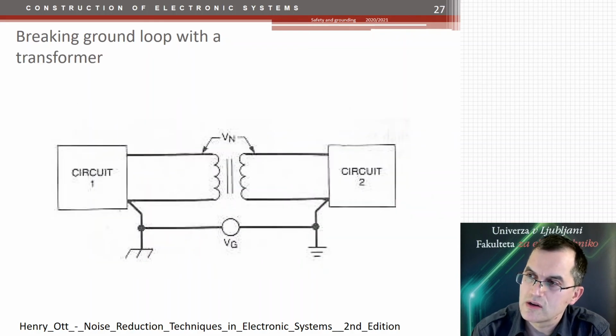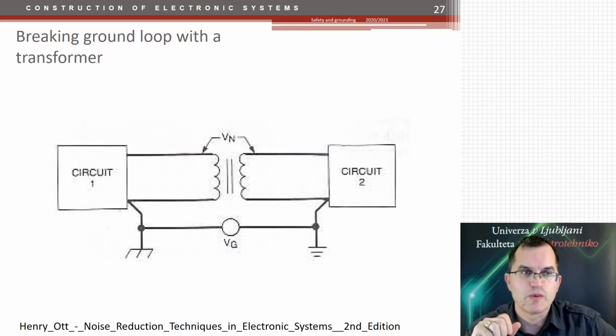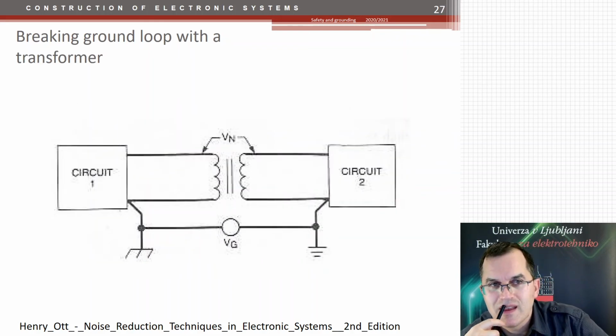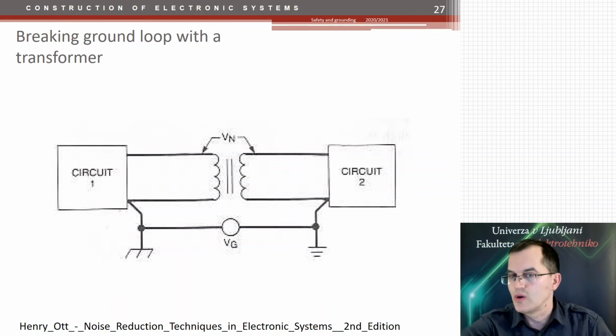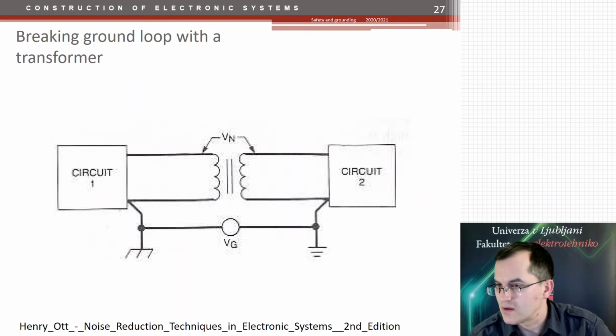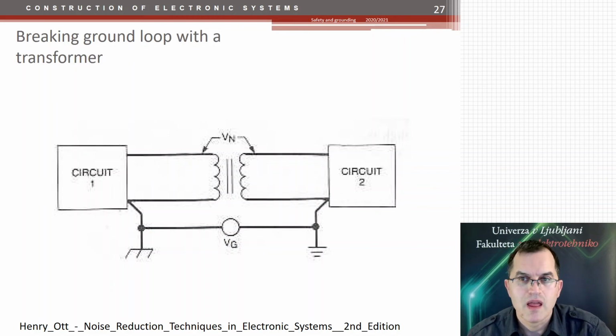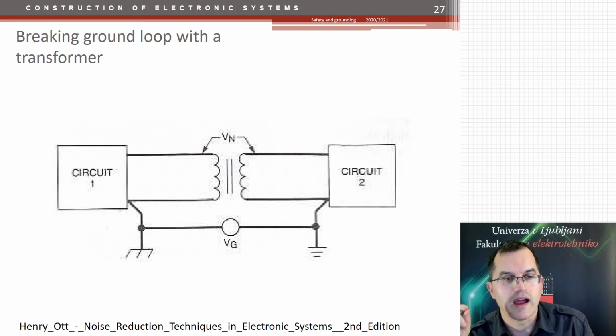Maybe just go a step back, where the transformers are also used in all Ethernet communication systems. You have the communications all over the house, or our faculty for that matter, and all these switch devices and computers, they are all grounded. And in order to break the ground loops between them, the transformers are at every Ethernet input or output.